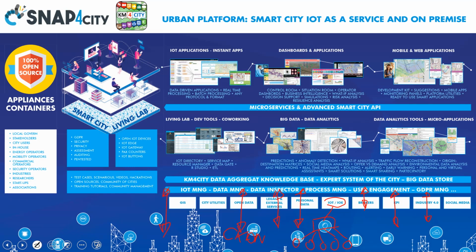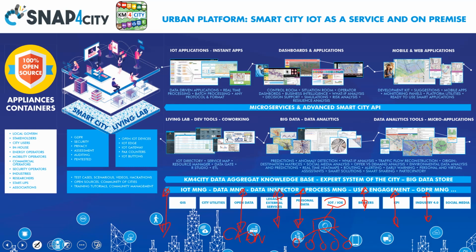And once the data arrive in the system, they are managed by special tools for IoT management, data inspection, user engagement, if you engage the user through the mobile apps, and all these things are GDPR compliant. So the harmonized data are reconciled in the KM4City data aggregation model.